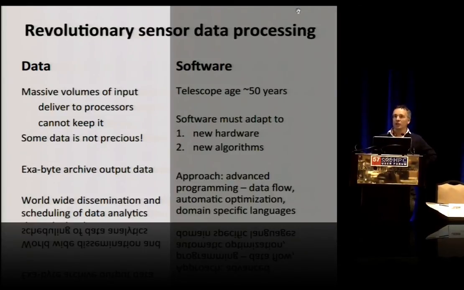Every 4 or 5 years, it will be cheaper to replace the hardware than to keep it. And the software is very expensive to construct, and it must be able to adapt to 10 to 20 generations of hardware. So we're making a big effort to build this software not as a monolithic typical HPC application, but with techniques that can both adapt to new algorithms and to new hardware as we go on.